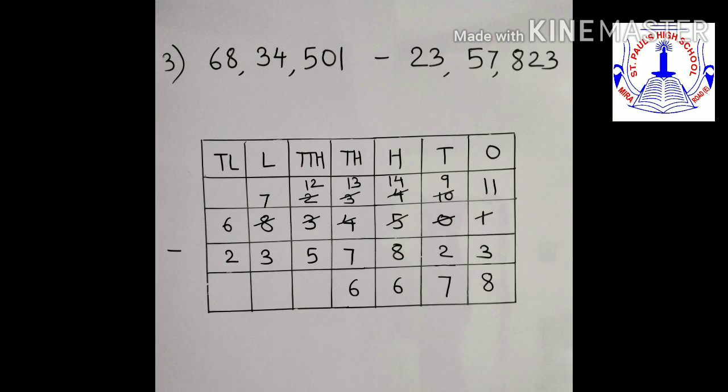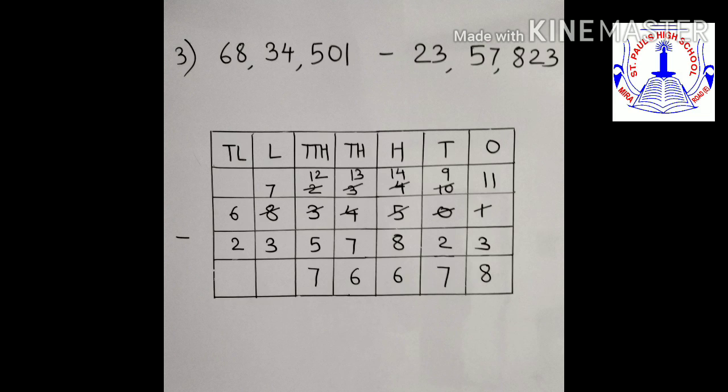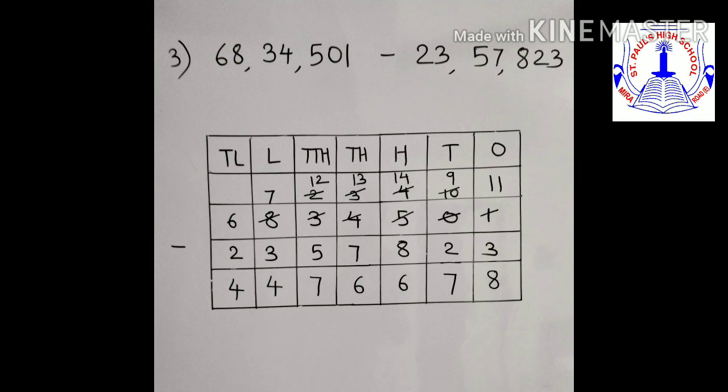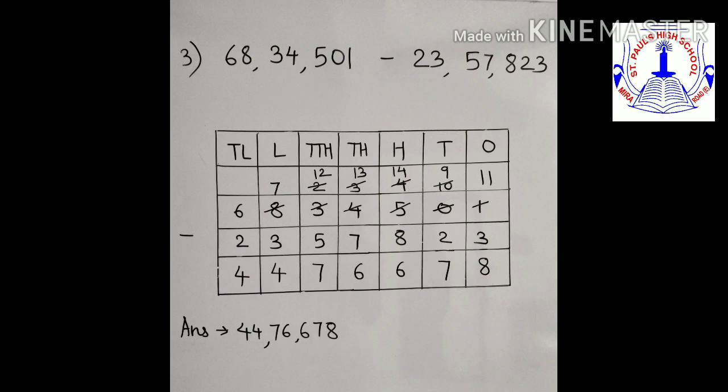So 12 minus 5 is equal to 7. In the lakhs place, 7 minus 3 is equal to 4. And in the 10 lakhs place, 6 minus 2 is equal to 4. So our final answer is 44,76,678.